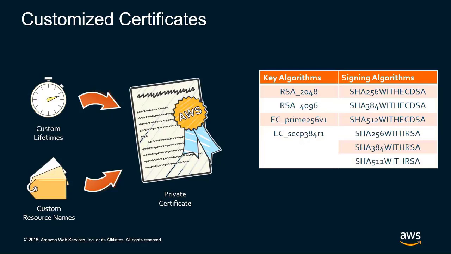You can specify the key algorithms and signing algorithms that you use, RSA 2048, 4096, and ECDSA key algorithms. You can choose all of those options when issuing a certificate directly to ACM Private CA in standalone mode where you manage the private keys.